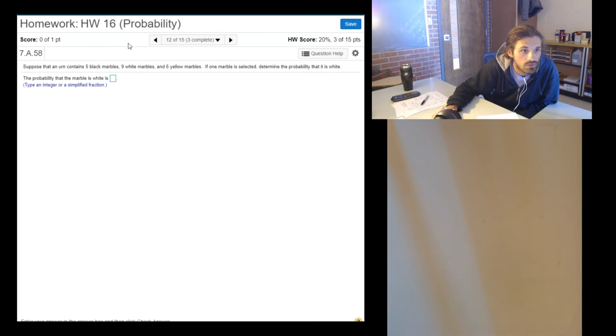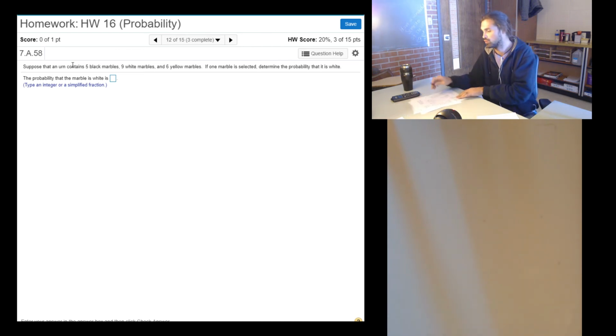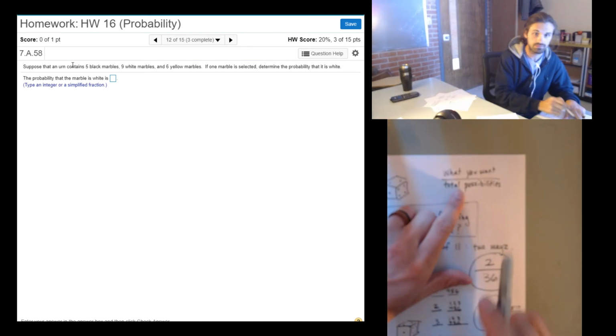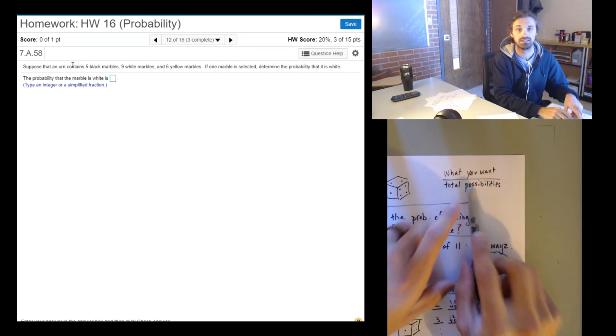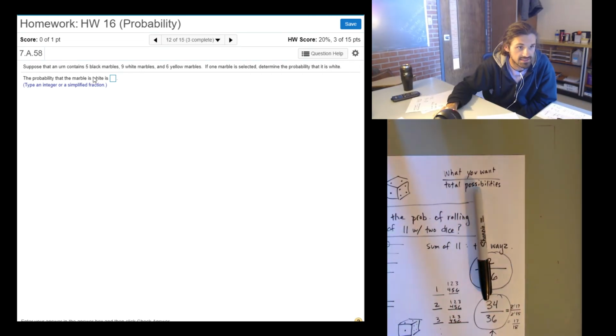So keep in mind your probability equation: what you want divided by total possible outcomes. So what you want in this instance is a white marble. So recognize there's 9 white marbles.